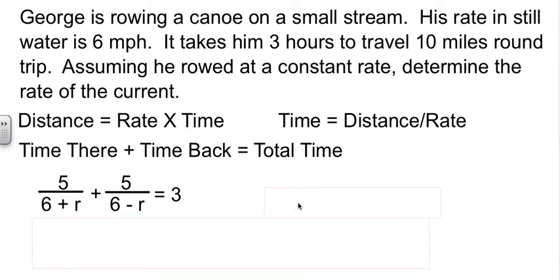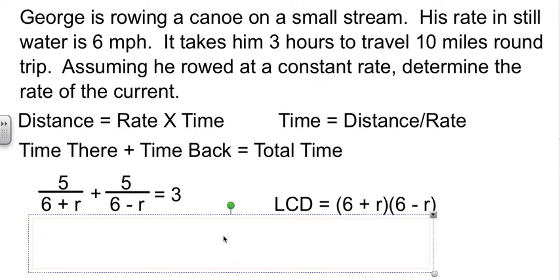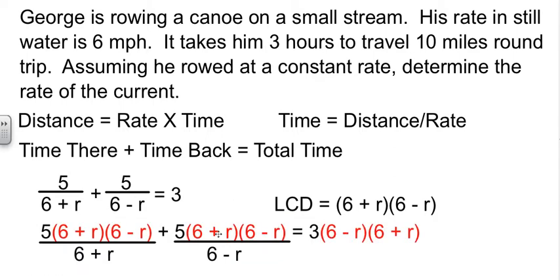Now we need a common denominator. So 6 plus r times 6 minus r is the common denominator. Just like we did before, I'm going to put that in red to show you that each term got it. And then I'm going to do some canceling. 6 plus r cancels out in this term. 6 minus r cancels out in this term.